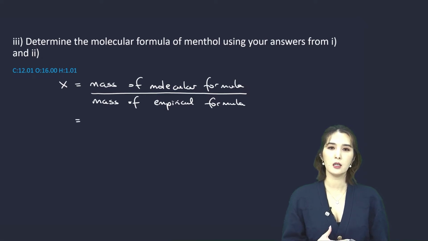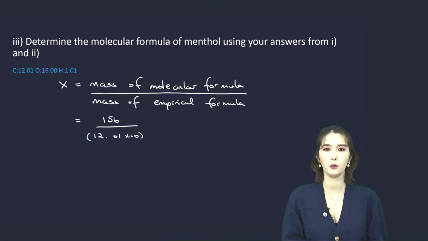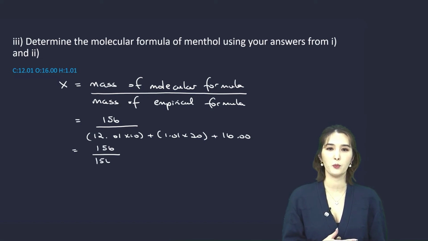Now, in this case, our mass of molecular formula is our molar mass, which is 156. We need to find the mass of the empirical formula, which was C10H20O. So then 12.01 times 10 plus 1.01 times 20 plus 16. And so that's actually going to give us 156 divided by 156.3.